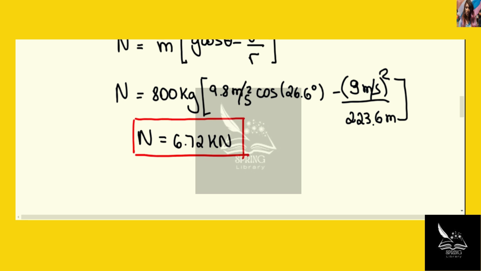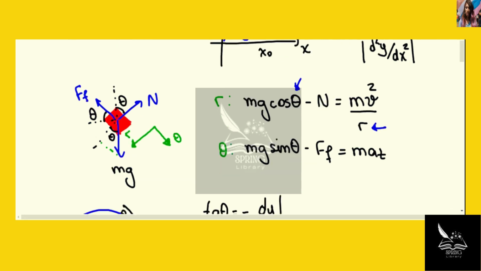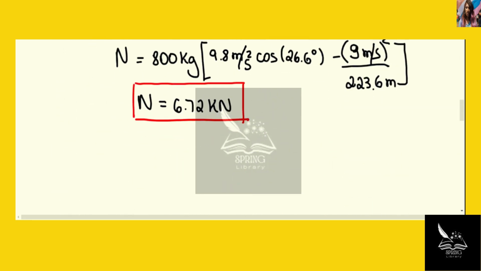We also have to find Ff. Remember that the acceleration is 3 meters per second squared, the tangential acceleration, which, as I said, is the rate of increase in the speed. So we have that Ff is equal to m times g sine of theta minus at.